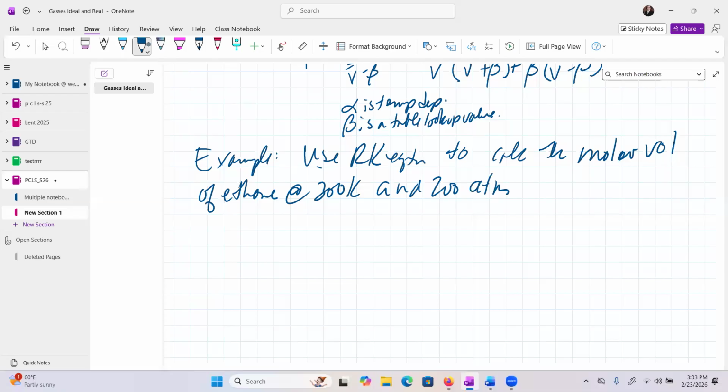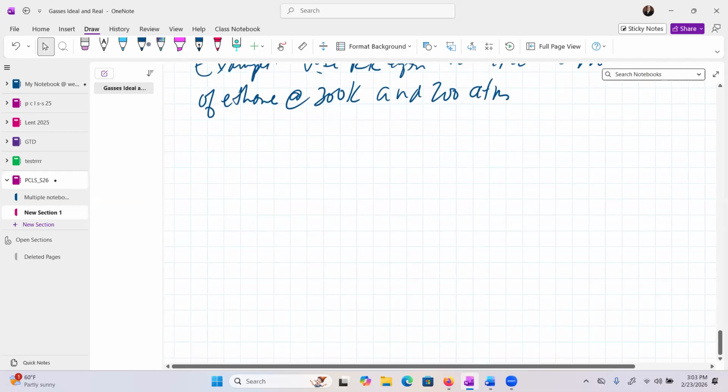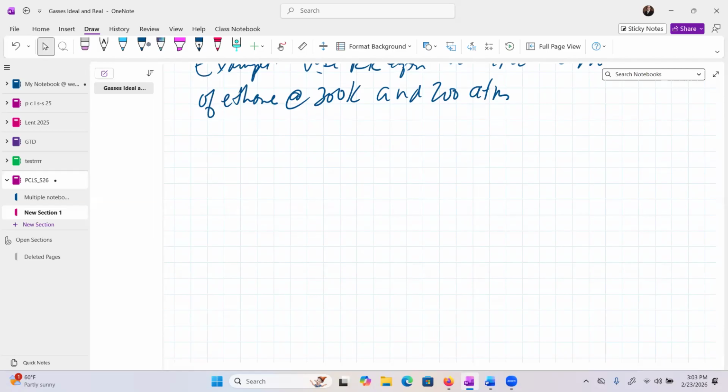So we would take our equation, and then it basically just becomes a plug-in, right? We substitute in the values.